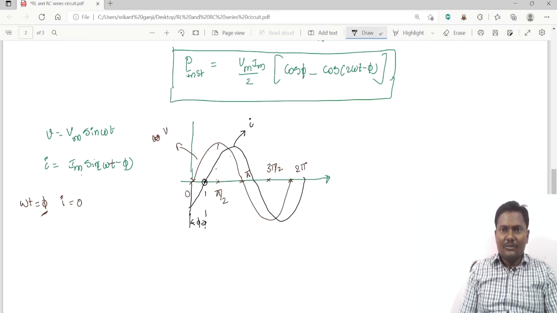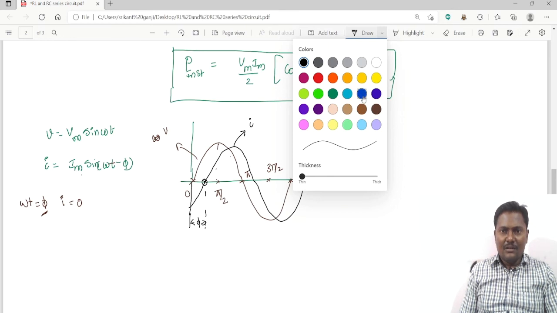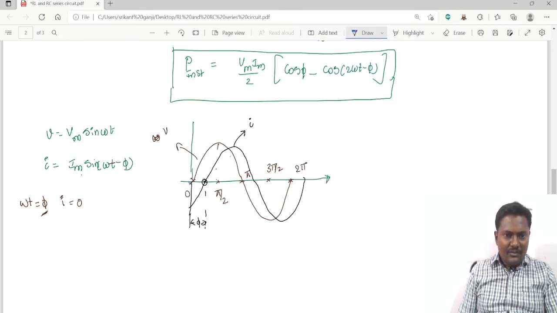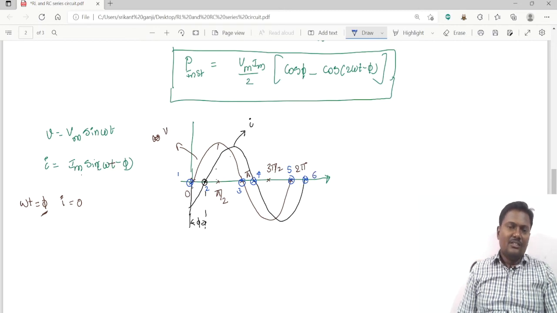Again, if you want to multiply the waveforms, first find out the zero positions. Here it is 1, 2, 3, here it is 4, and it is 5, now 6. At a zero position, if you multiply any value, the value is 0. In between zero positions, what will happen? You can see.